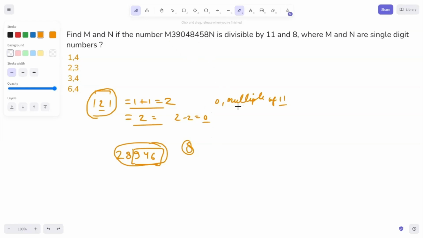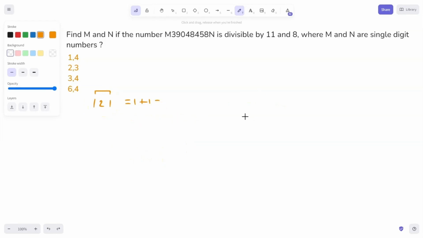Okay, as you can see, the number is m39048458n. Now let's apply the divisibility rule of 8. We will take the last 3 digits, which are 58n.